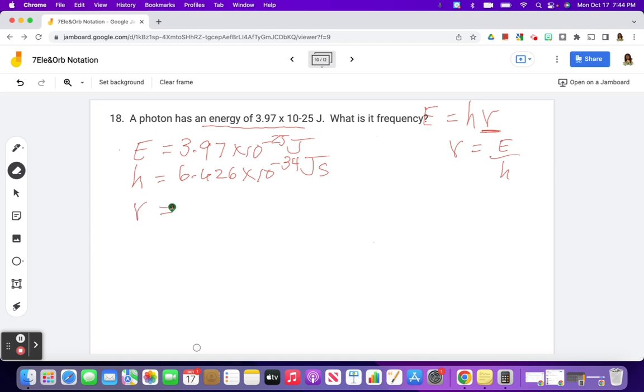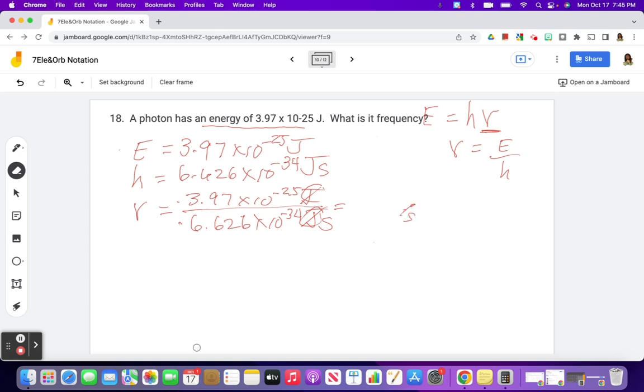To solve for frequency, all we have to do is plug and chug the numbers we've been given. 3.97 times 10 to the negative 25th joules divided by 6.626 times 10 to the negative 34 joule seconds. Now, because there's joules in the top and there's joules in the bottom, those joules are going to cancel out. And we're just going to be left with whatever the number is when we divide these two, per second.